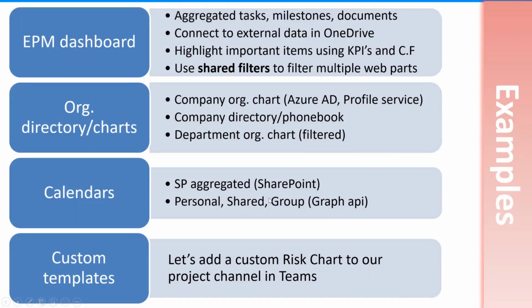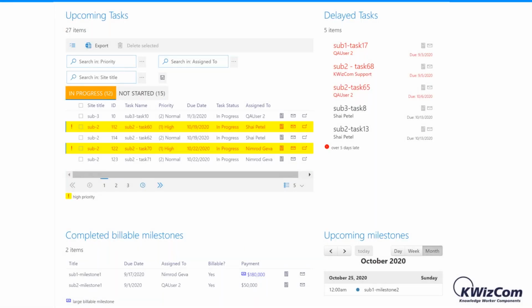Okay, so once we cover the basics, the configuration basics, I wanted to go over some examples, some very common examples. And first example that I want to show you is the EPM dashboard, which typically in an EPM dashboard, you aggregate project items such as milestones and tasks from multiple project sites or subsites.